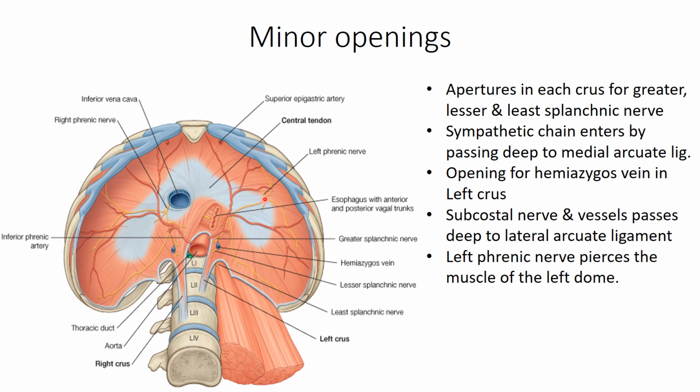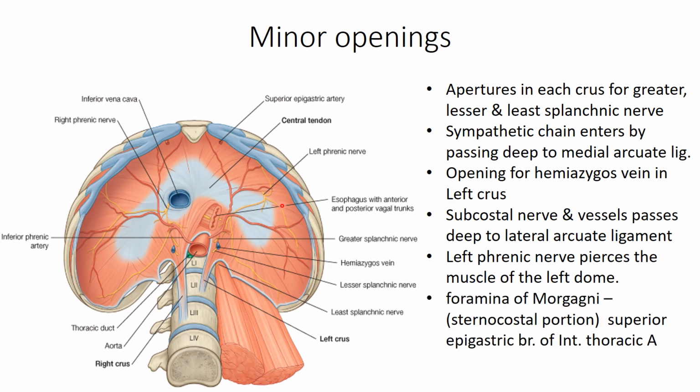Now the left phrenic nerve pierces the left dome of the diaphragm through this fleshy fiber, and then it ramifies to supply the diaphragm.